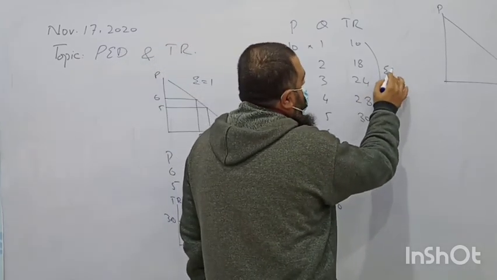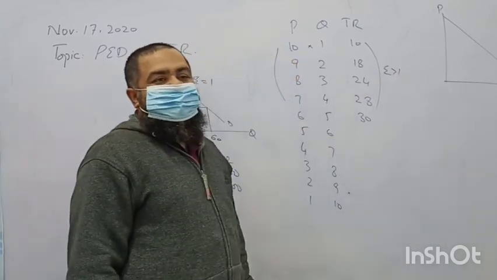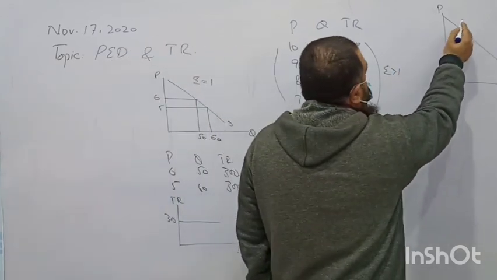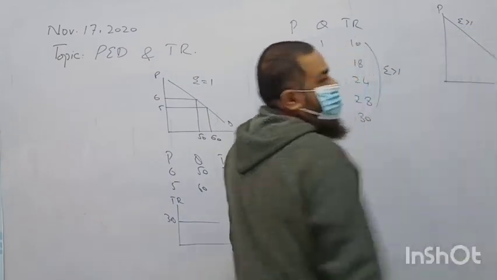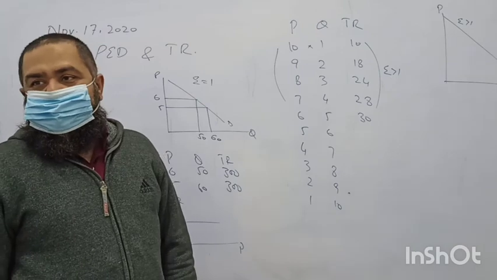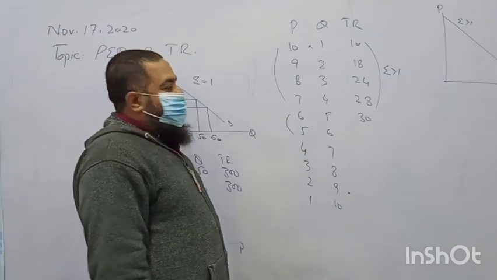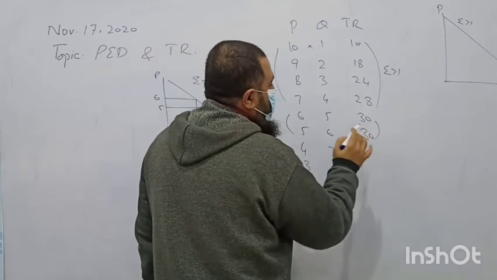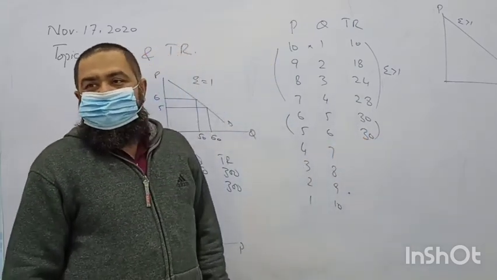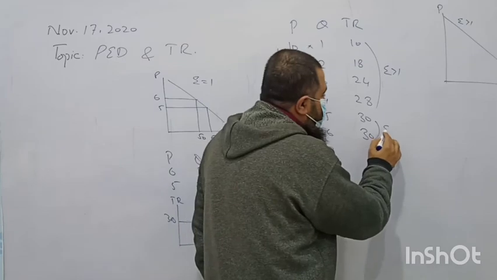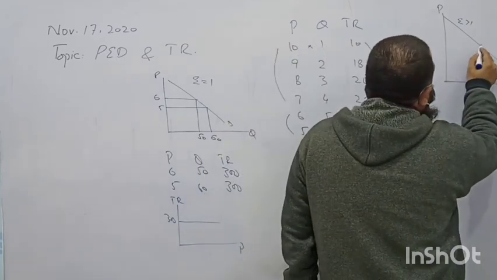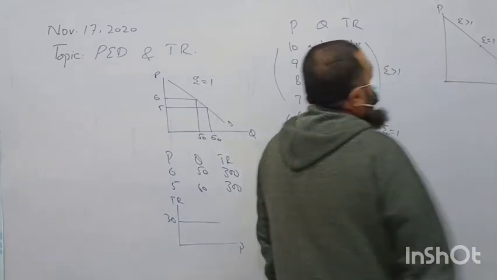Can you say this part of the demand curve is elastic? Yes. The upper part of the demand curve is elastic. Okay? Now what is happening over here? As price is falling, revenue remains the same. This is unitary elastic. So in the middle, elasticity will be unitary.